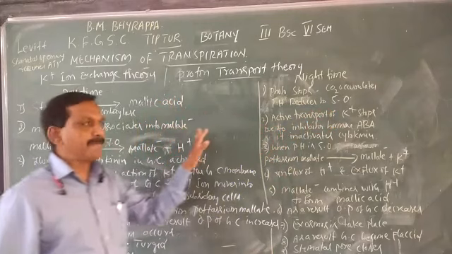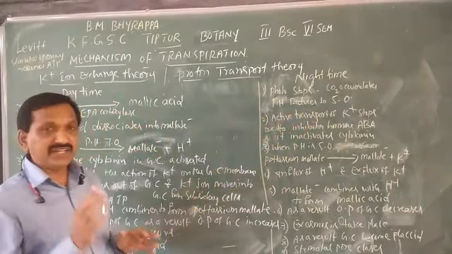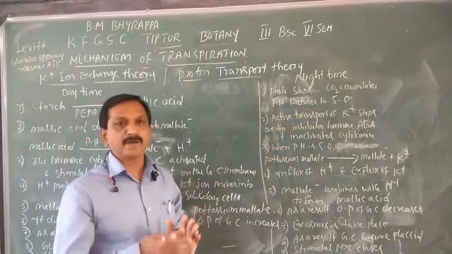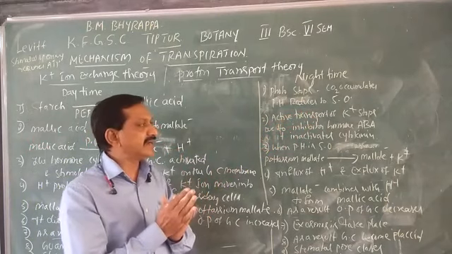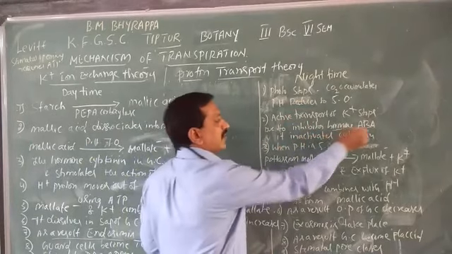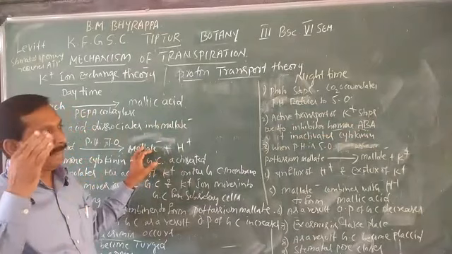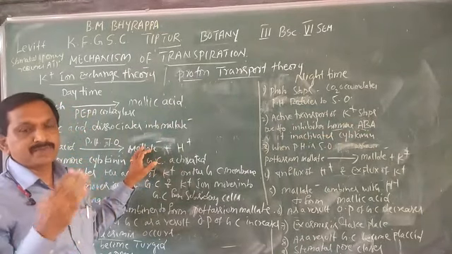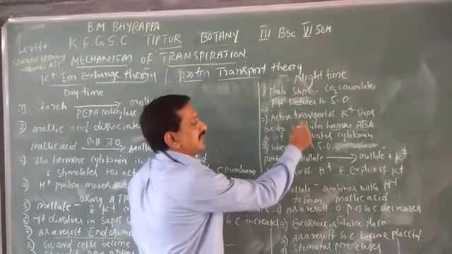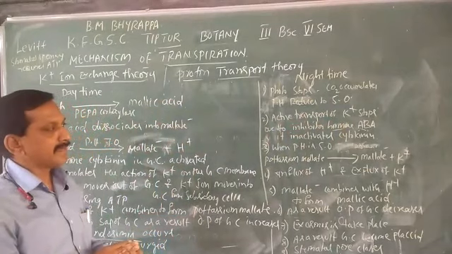When the pH of the guard cell becomes 5.0, the active transport of the K plus ion is inhibited, stopped by an inhibitor hormone called ABA. When the pH becomes 5.0, the ABA, or abscisic acid hormone, will stop the active transport of these K plus ions into the guard cells.